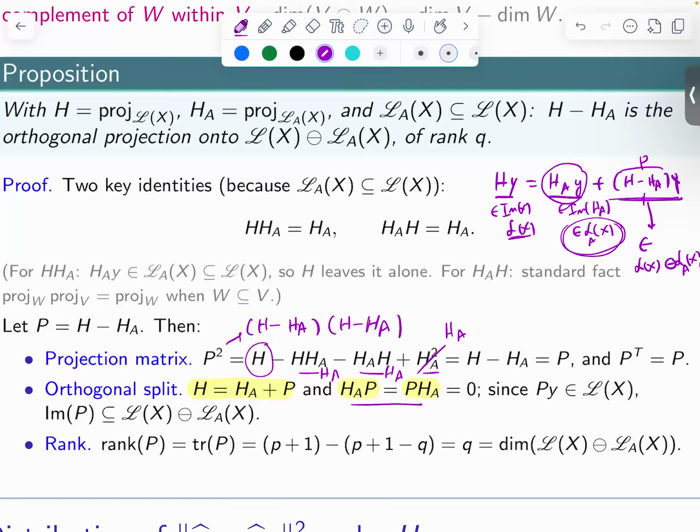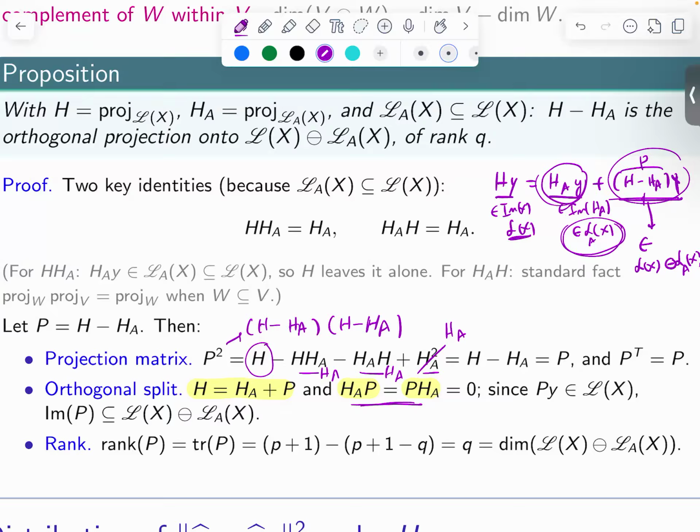Because this is orthogonal. You know that this piece is orthogonal to this, or basically from this, it would be any vector which is in the image of HA. And so this piece is orthogonal to the first piece, and already in there.